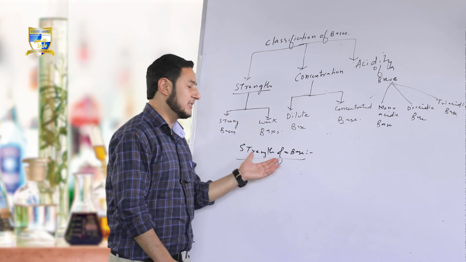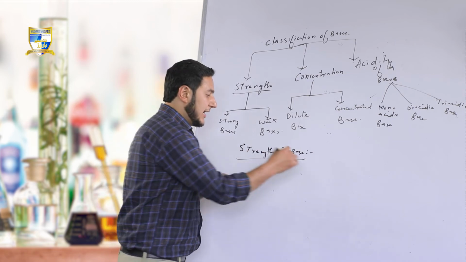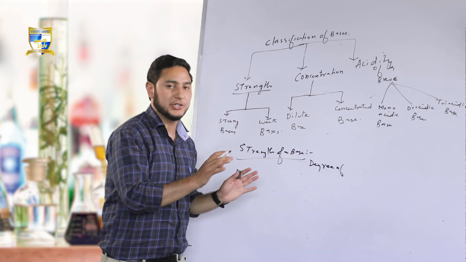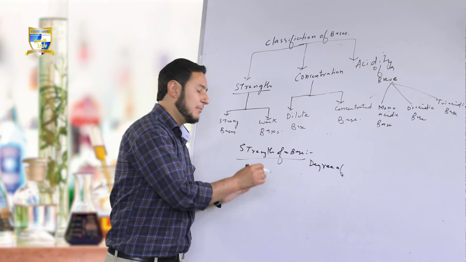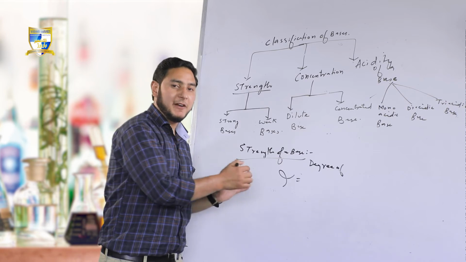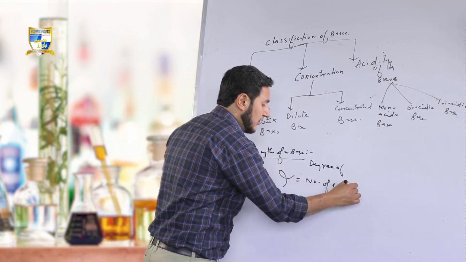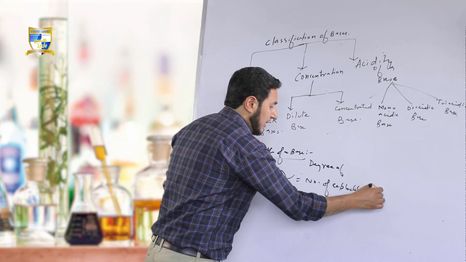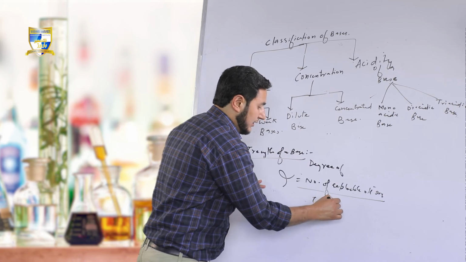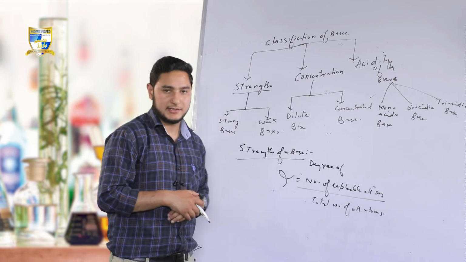I am repeating, what is strength? Strength of a base means to what extent degree of ionization or degree of dissociation takes place. It is represented by the symbol alpha, and alpha is equal to the number of replaceable OH negative ions upon the total number of OH ions present in a base.